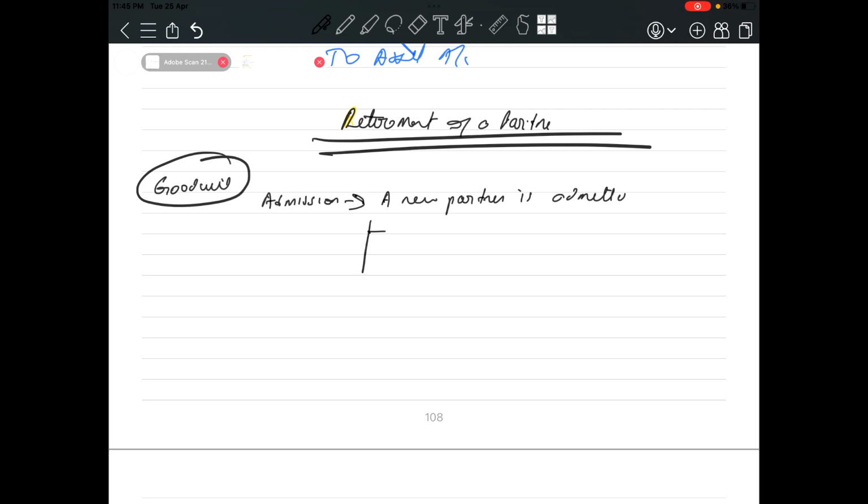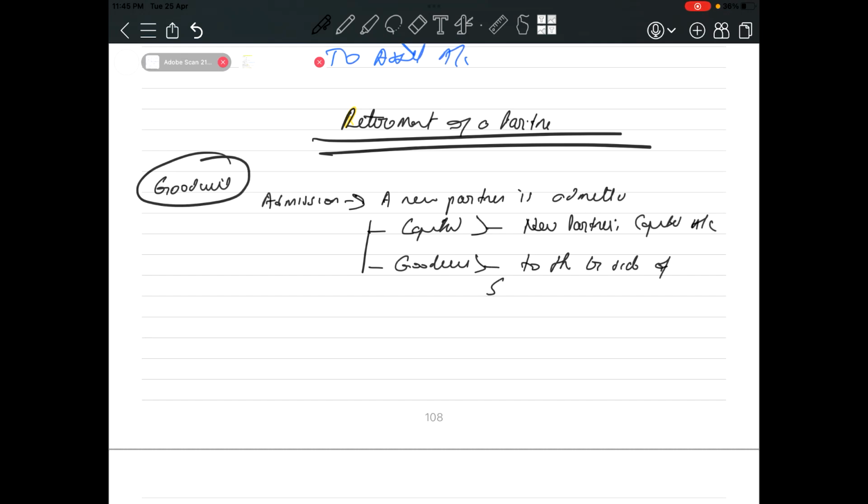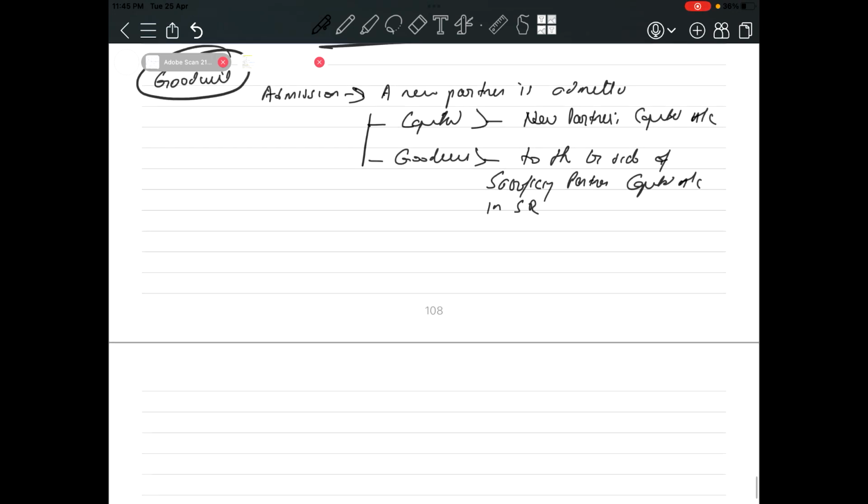The new partner will bring in his share of capital and goodwill. Capital will go to the new partner's capital account, and goodwill will go to the credit side of the sacrificing partners' capital accounts, in the sacrificing ratio. We know that.